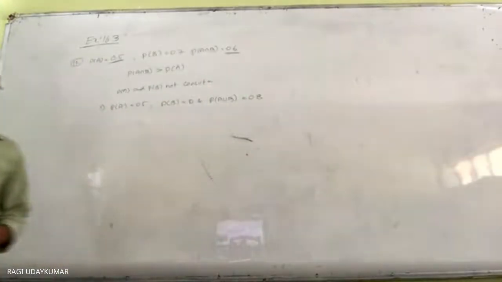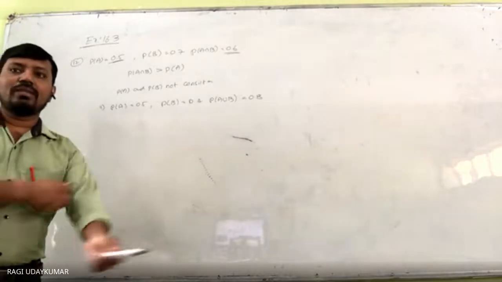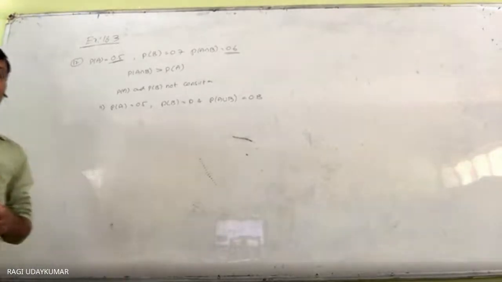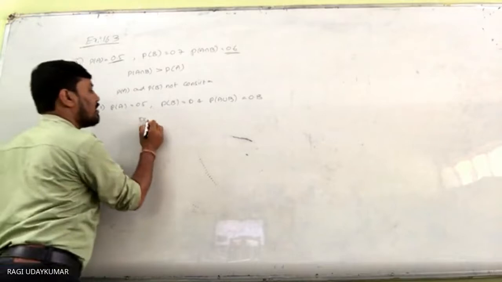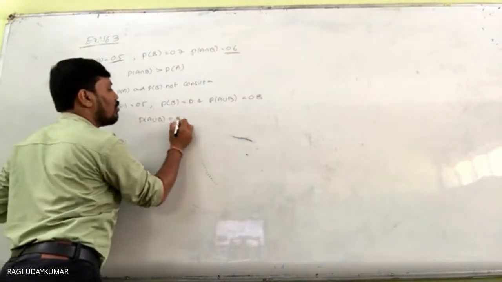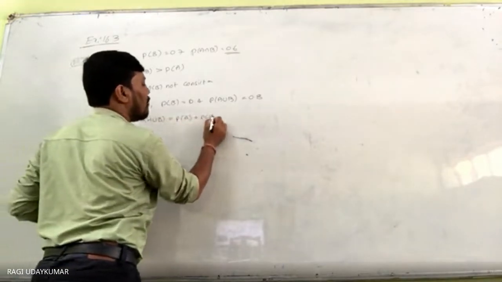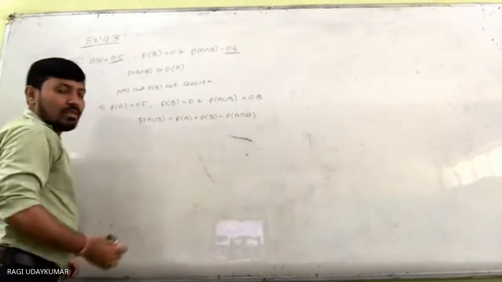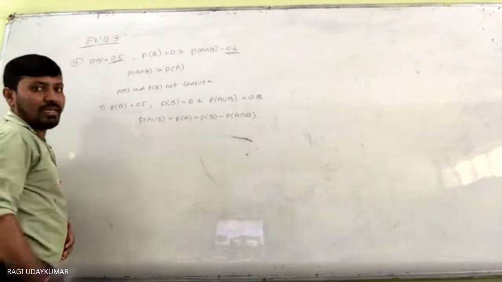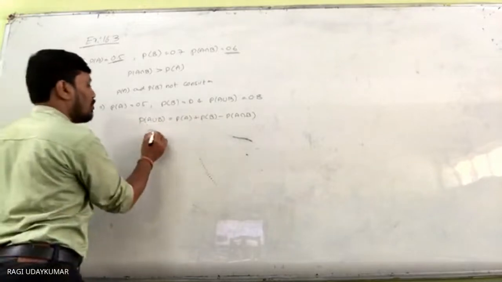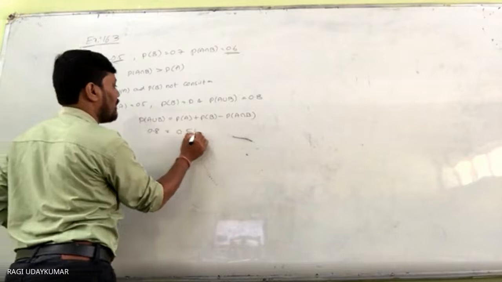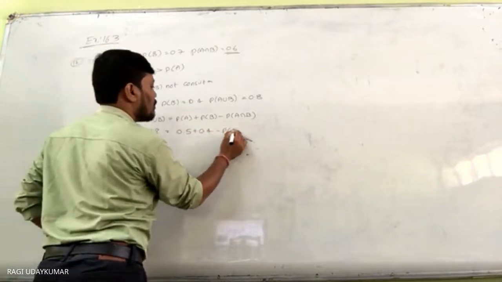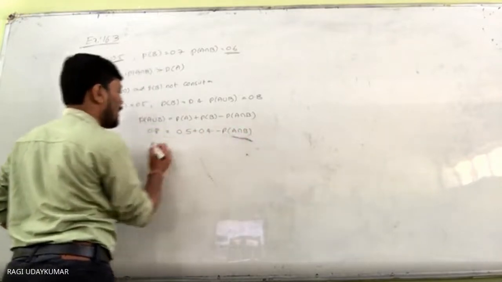So in this situation, can you find A intersection B? Probability of A union B is equal to probability of A plus probability of B minus probability of A intersection B. So 0.8 is equal to 0.5 plus 0.4 minus probability of A intersection B. Bring this here.